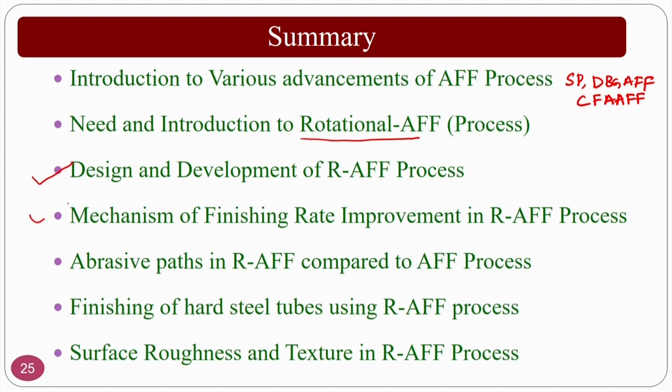Then mechanism, we have seen how the material removal rate is improved, at the same time finishing rate is improved because of the additional tangential motion and tangential velocity. That is additional tangential force and tangential velocity along with the axial force, axial velocity and radial force.